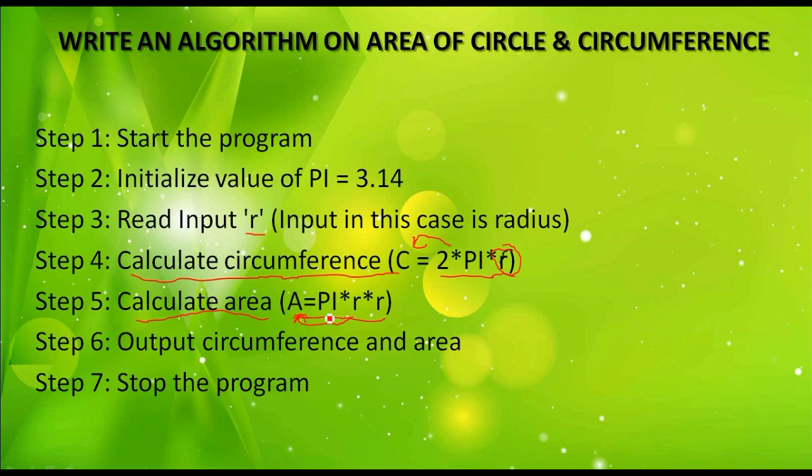In the sixth step, we need to print or display the circumference and the area value. For that, we are using output. Output means we are printing it, we are displaying it.